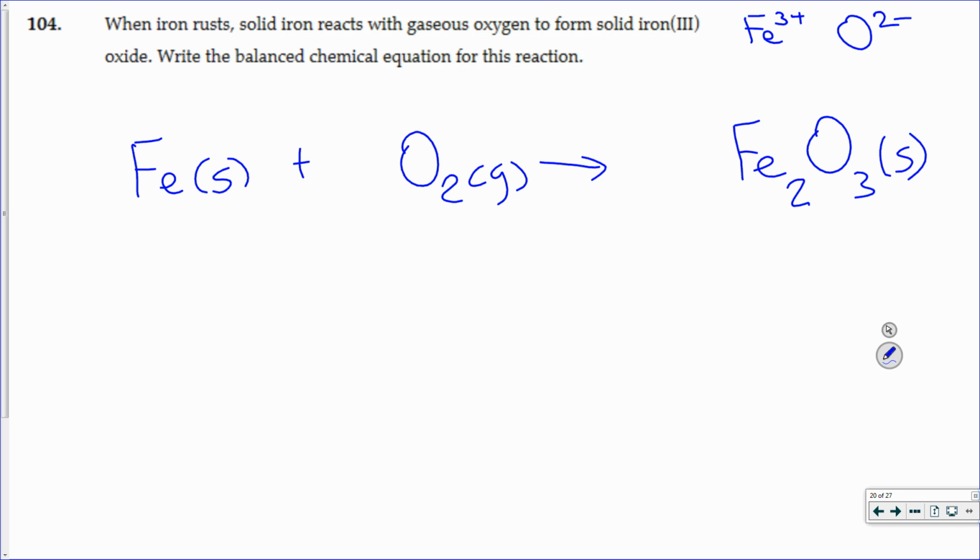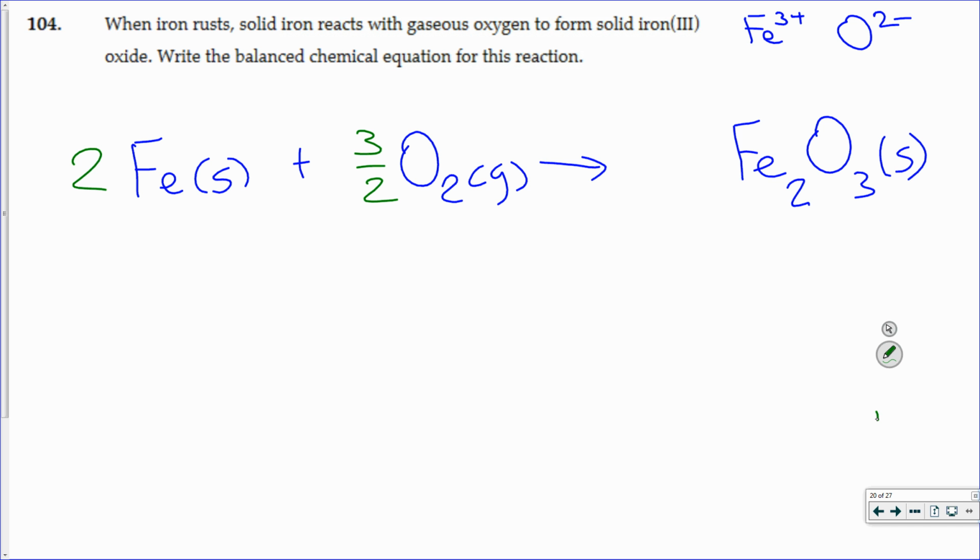Okay, so if I look at balancing this one, I would start with the number of irons and save the oxygen for last. This is only 2 elements, so it's not going to be too bad. I've got 2 irons on the right, I need 2 on the left. I have 3 oxygens on the right, and I need 3 on the left. So the way that I have to do that would be 3 halves.